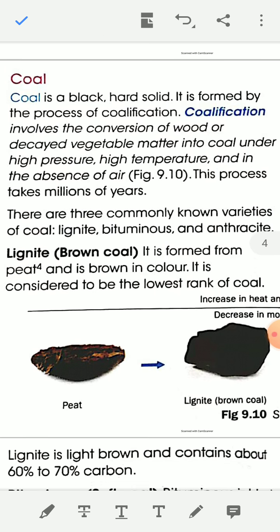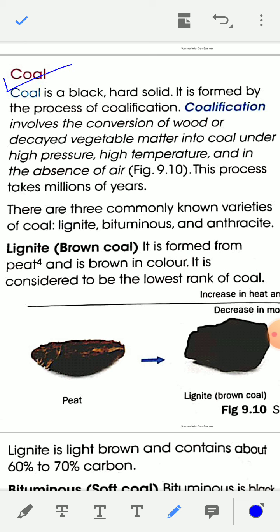Now the second amorphous form of carbon is coal. What is coal? Coal is a black hard solid. It is formed by the process of coalification.